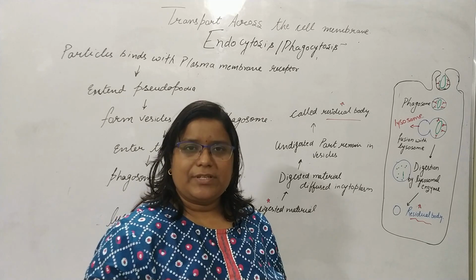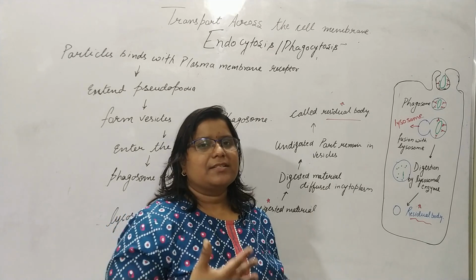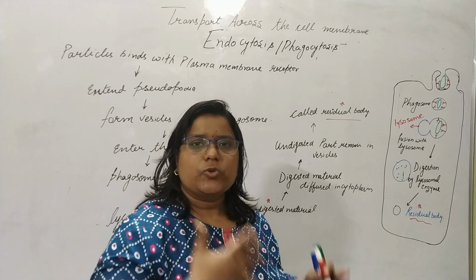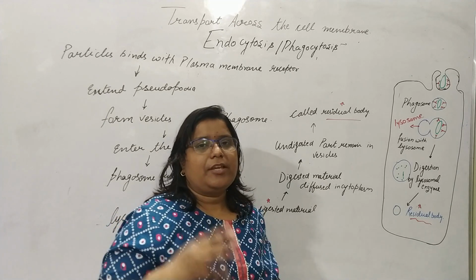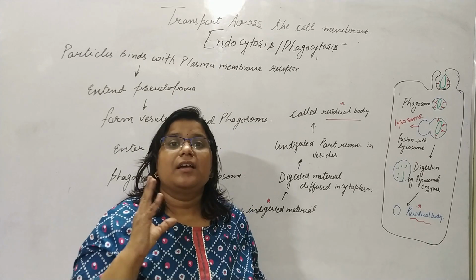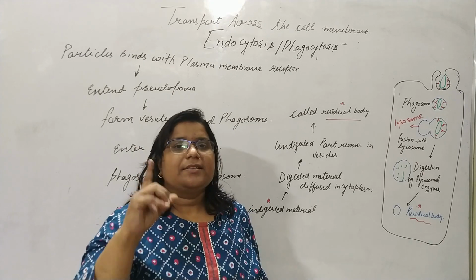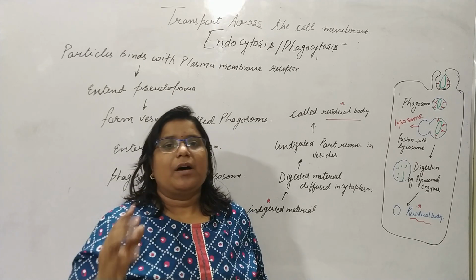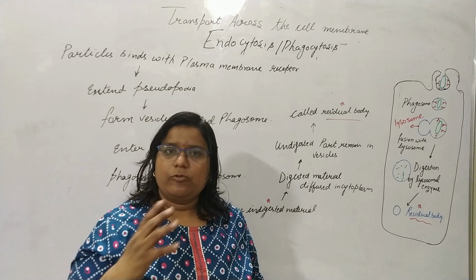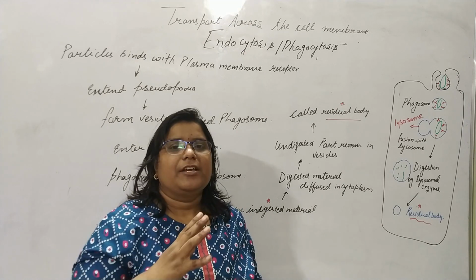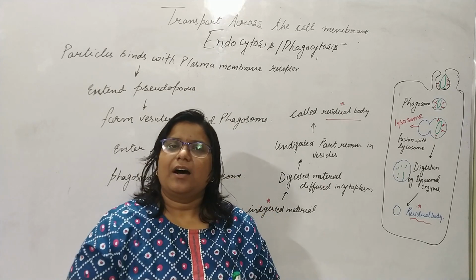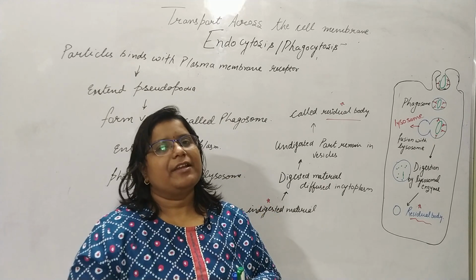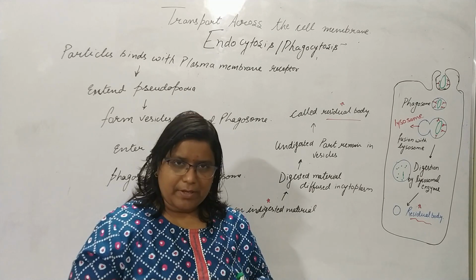Generally, macrophages and neutrophil cells show this kind of process. In lower classes, you may have seen amoeba nutrition, where the amoeba engulfs its food with the help of pseudopodia. Pseudopodia are finger-like projections of the cell membrane.